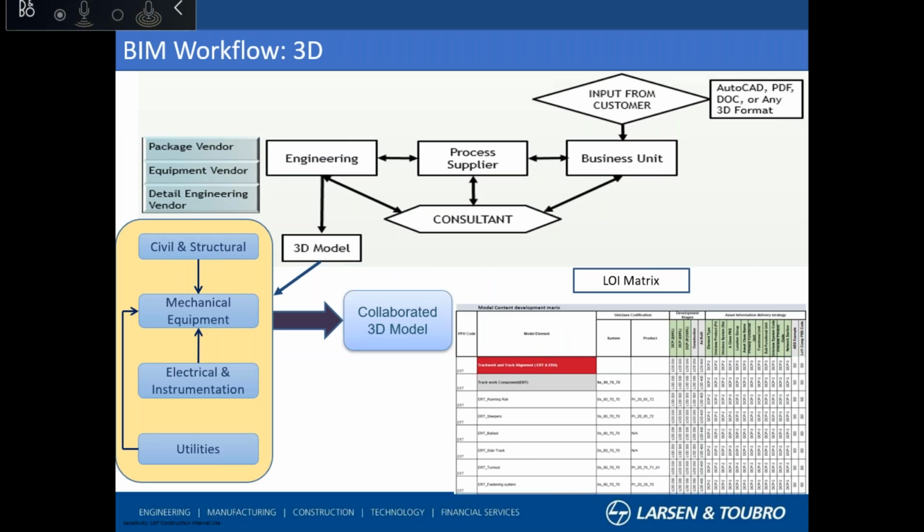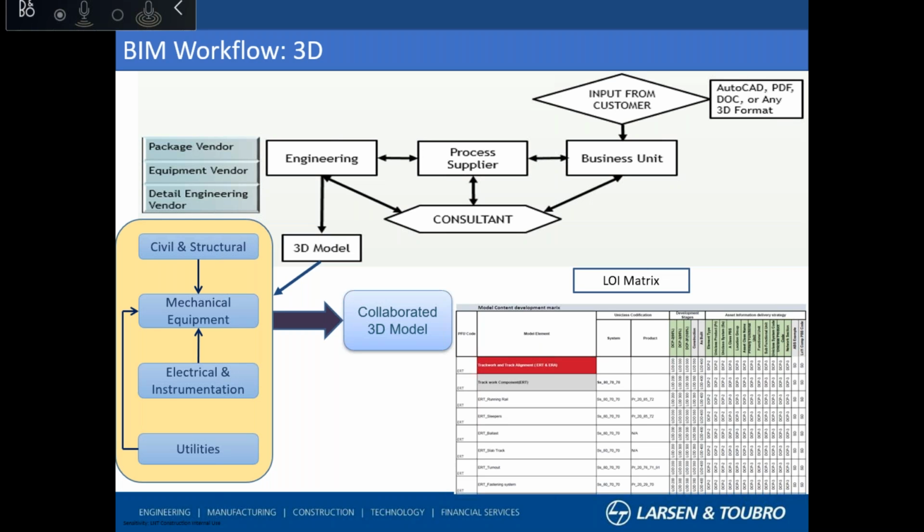Now the 3D workflow. If you see in EPC projects, the client gives the data to business units, then that data goes through the consultant and process supply to the engineering team, and other package vendors, equipment vendors, and detail engineering vendors also give their inputs. And what I told you, this MMH is basically process oriented. We are making a process oriented plan. So the mechanical team is the key placeholder of this process.